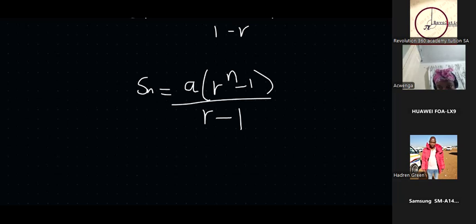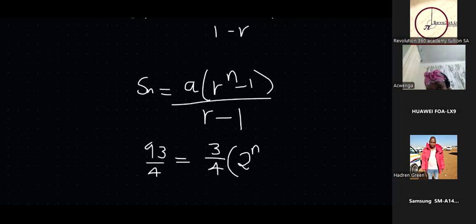93 over 4 is equal to, what is the value of a? That is 3 over 4, if you still remember. Yes, sir. 3 over 4, open bracket. Our r is 2, right? So that will be 2 to the exponent of n. You know why? Because you are looking for n.